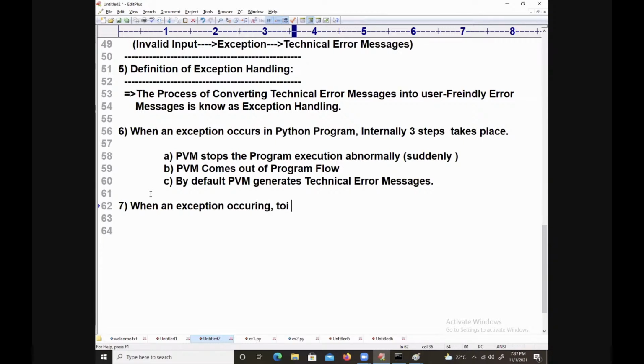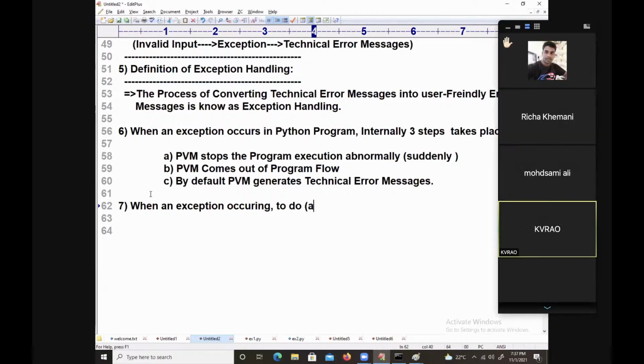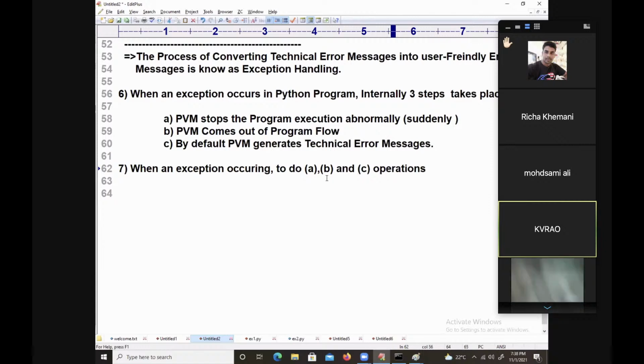Even when an exception is occurring, to do A comma B and then C operations, which one am I talking about?